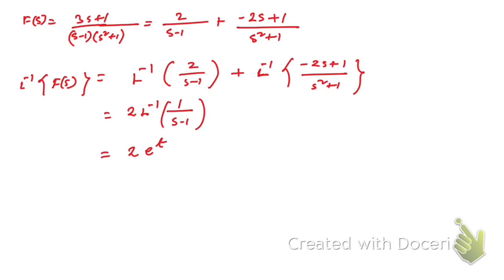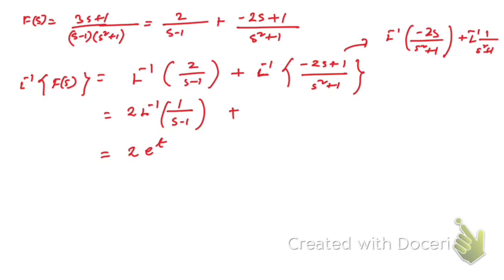And again, here you see this term can be written as inverse Laplace transformation of minus 2s by s square plus 1, then plus inverse Laplace transformation of 1 by s square plus 1.